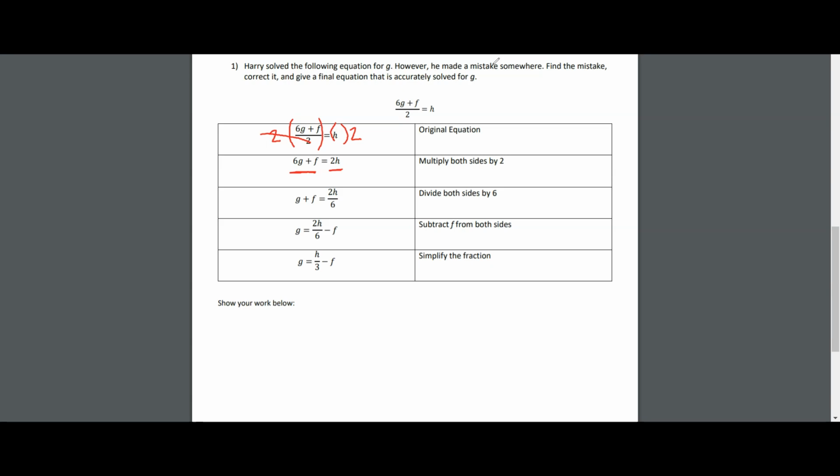The next step, he said he divided both sides by 6. Okay, I assume that was because he wanted to simplify the 6, he wanted to get the g by itself. So did he divide both sides by 6?